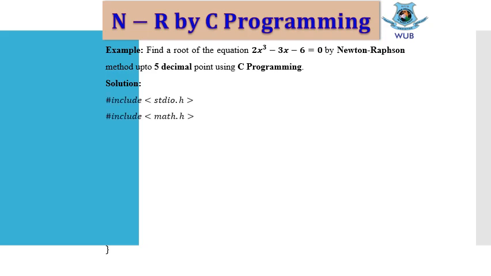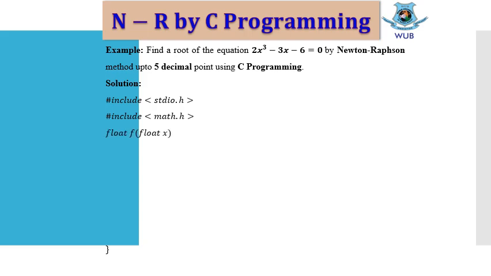The solution is that you have to write the header files, which are stdio.h and math.h, and I had already discussed in the previous session the significance and uses of these two header files.